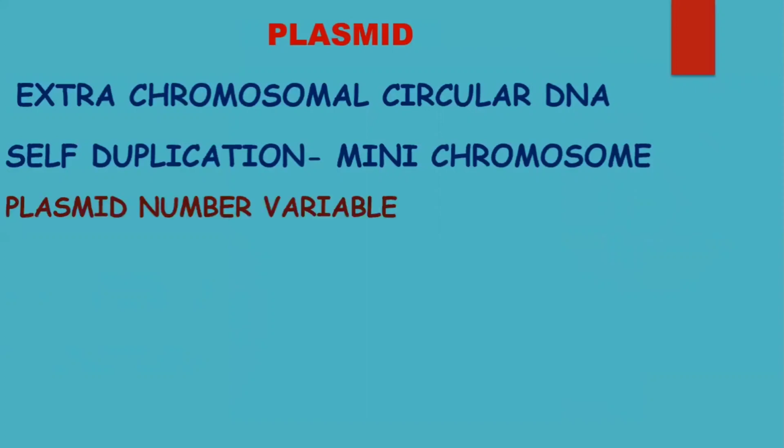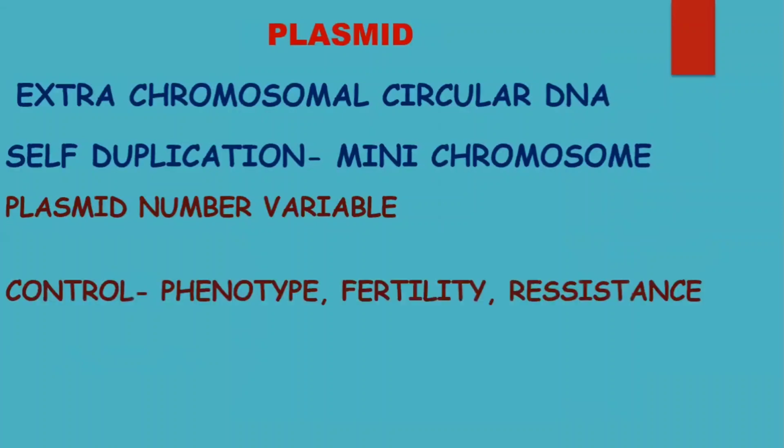Plasmid number is variable inside a bacterial cell. They control phenotypic features, fertility, and resistance. They are dispensable. Dispensable means if we remove the plasmid, bacteria will survive. So it can live without plasmid.